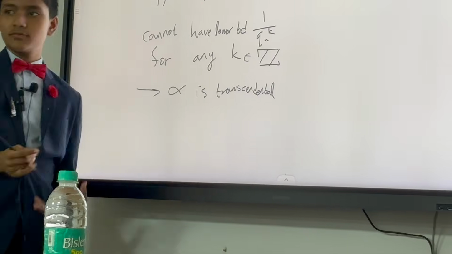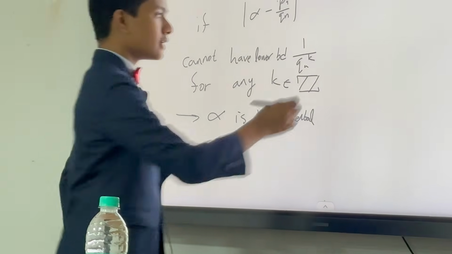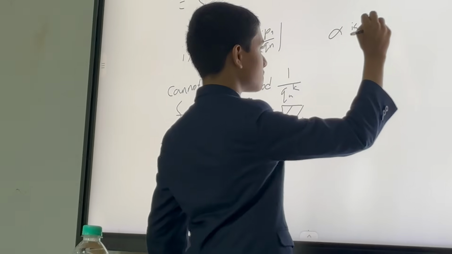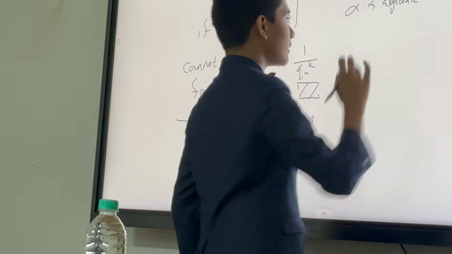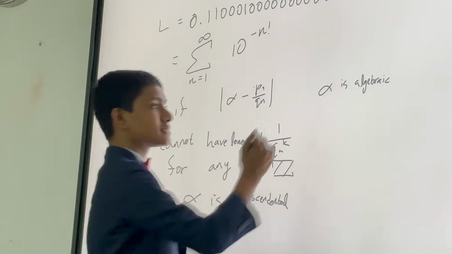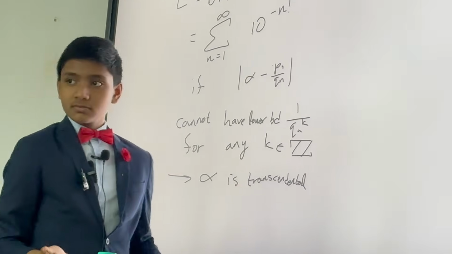Well, actually, what he did was he proved sort of the opposite, which implies this. He proved that if alpha is algebraic, there is no way it can be approximated this fast. So how did he do it?